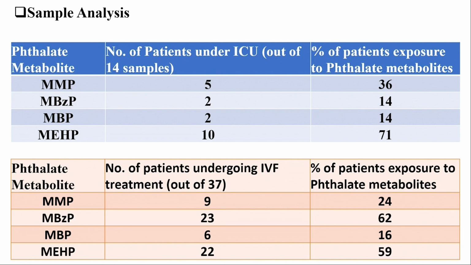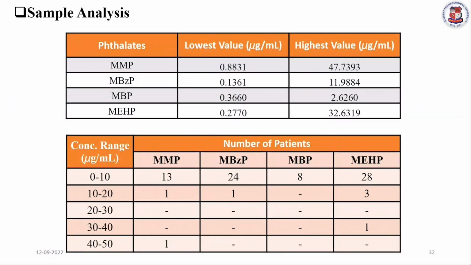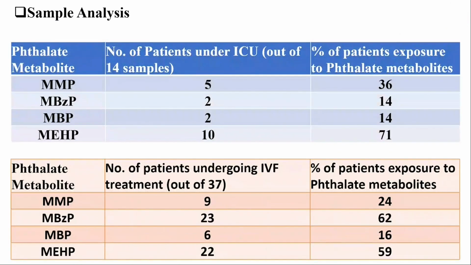And as I said, DEHP is dominantly used in plastic making, so it is also found in a large number of patients, like 10. Almost 71% of patients were detected with the phthalate metabolite MEHP in ICU.